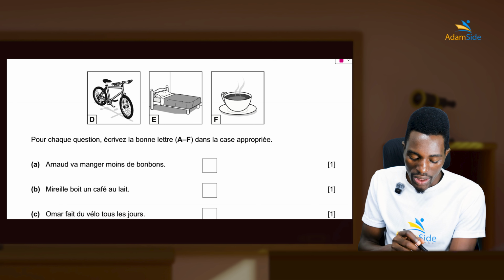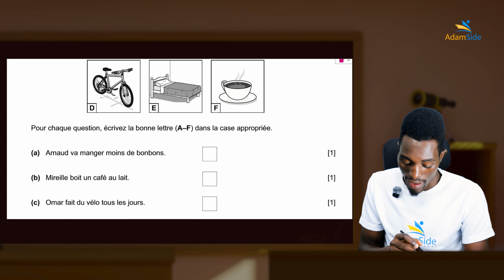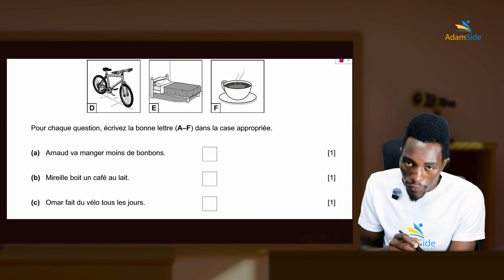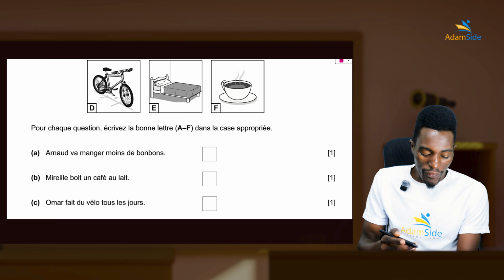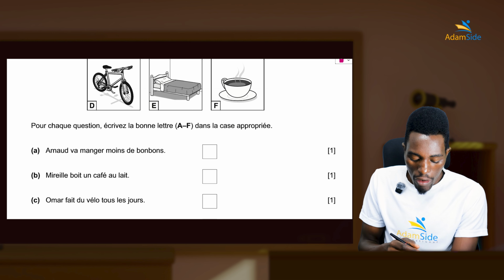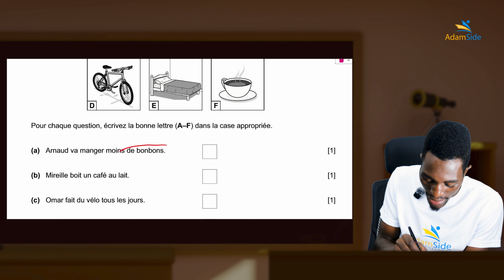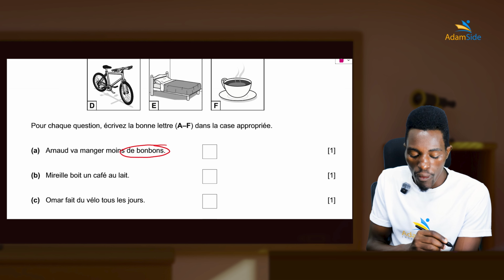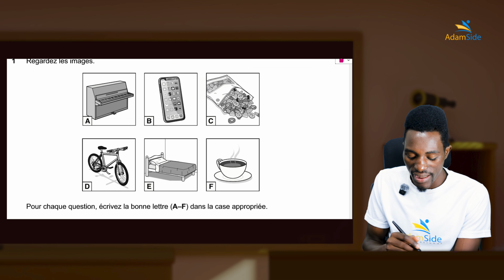So, for each question, write the best letter from A to F in the appropriate space. The first question is: Anon va manger des bonbons. So the vocabulary that you have to identify is des bonbons. We have to go back to our pictures and see what is des bonbons.